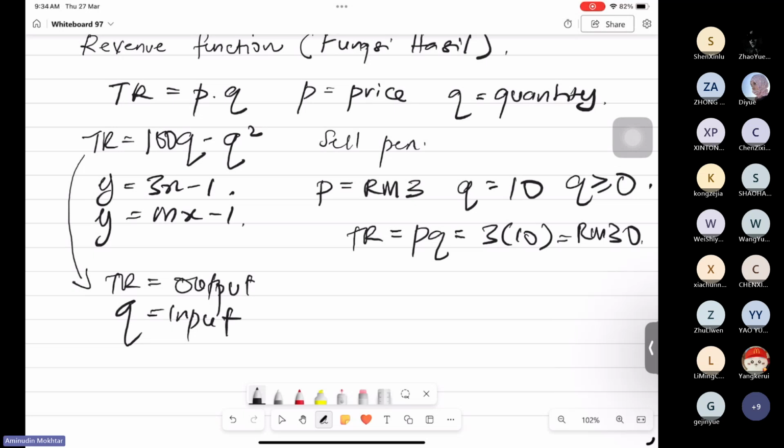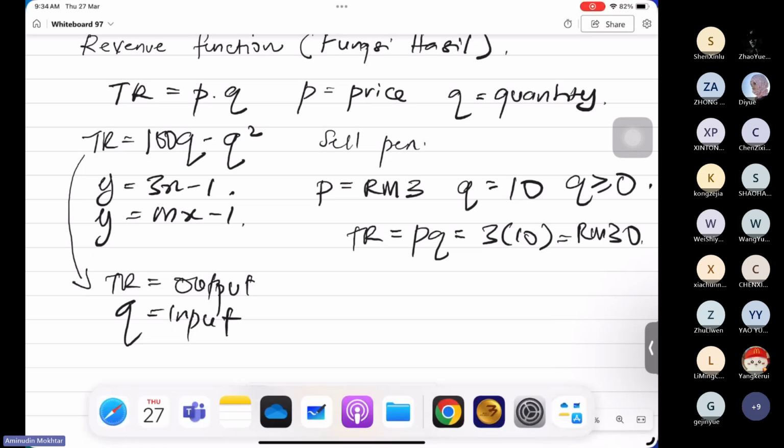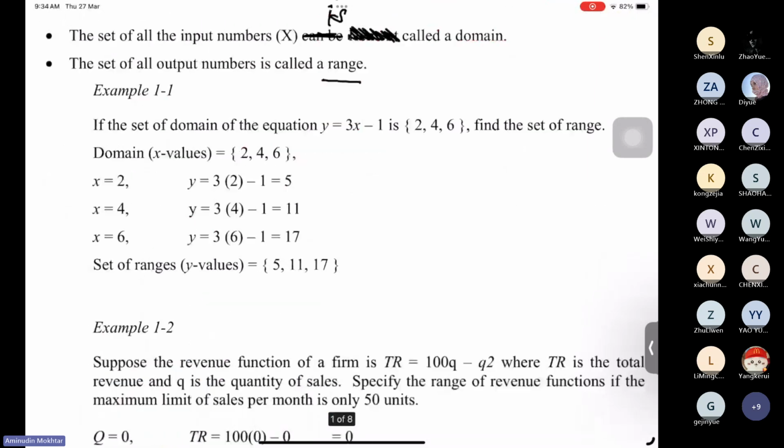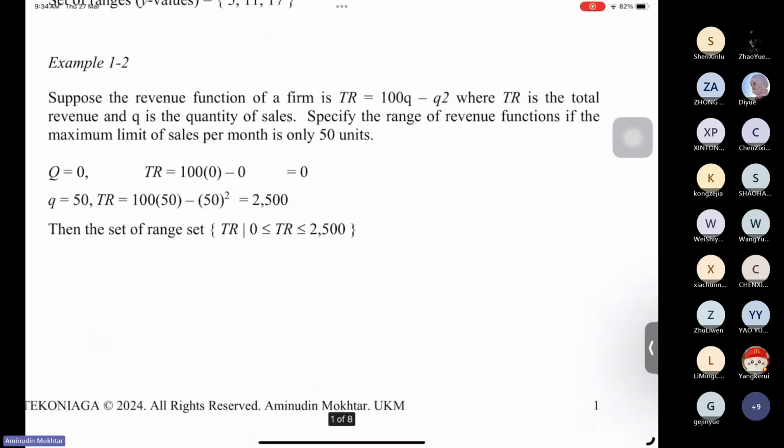So what is the question? Okay, if you refer to my note, the question is this one. Example 1.2. Suppose the revenue function of the firm is TR equal to 100 Q minus Q squared, where TR is the total revenue and Q is the quantity of sale.